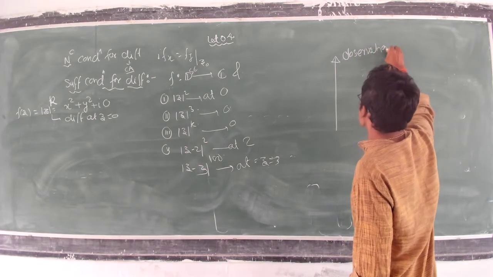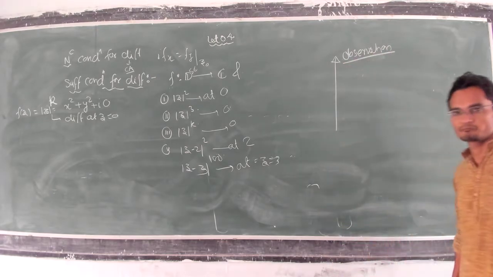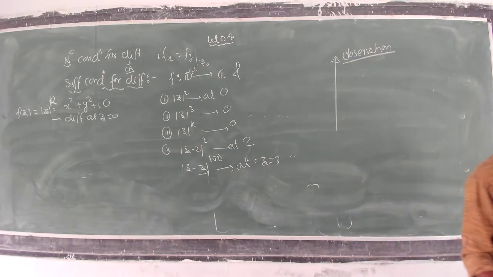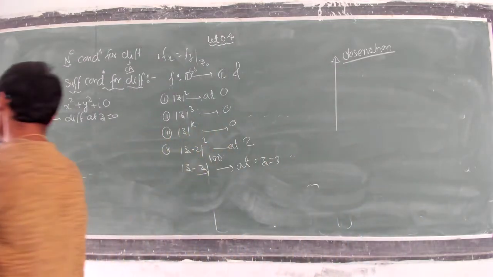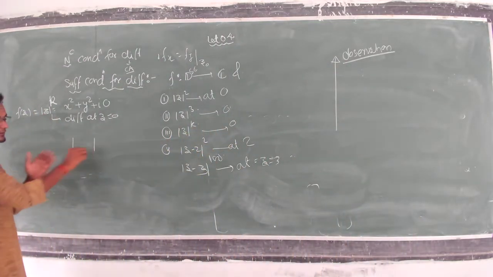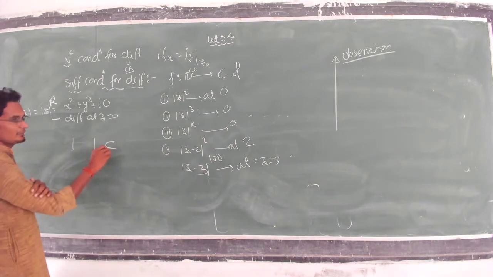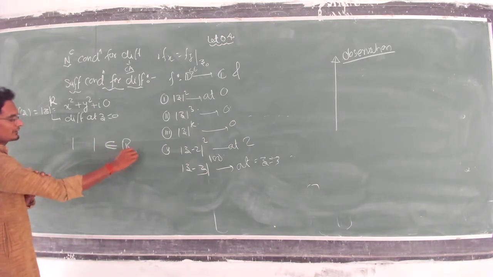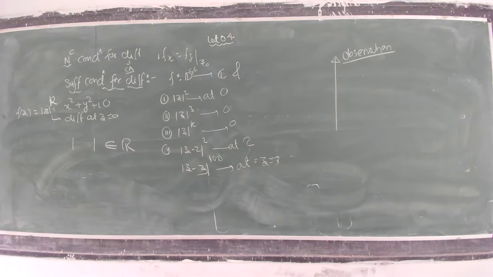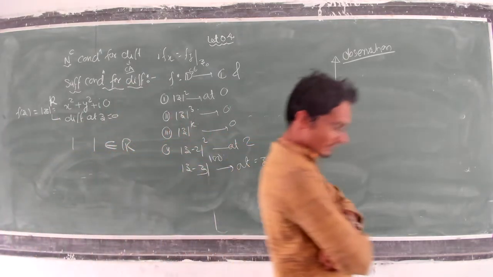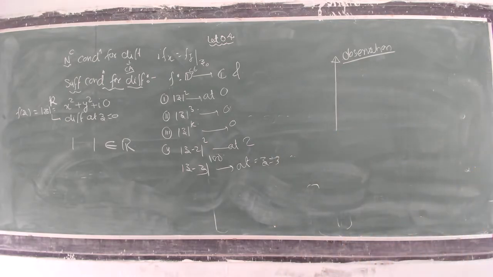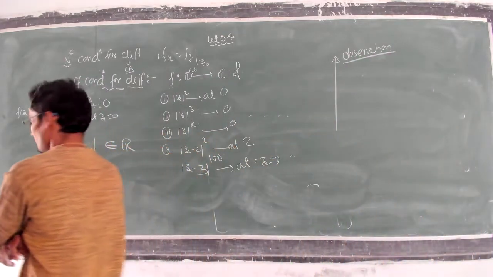Some observation. Whenever we have a modulus, what is the meaning of modulus? If you remember, if you are putting the modulus, definitely it will belong to the real numbers, right? Modulus means it will give you a real number, because modulus is real part square plus imaginary part square. Okay, that's what it is. Modulus cannot give you an imaginary number.